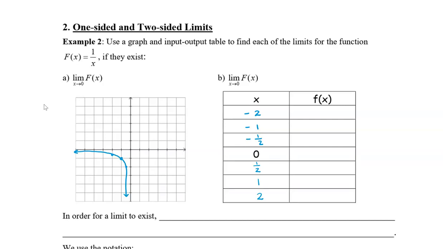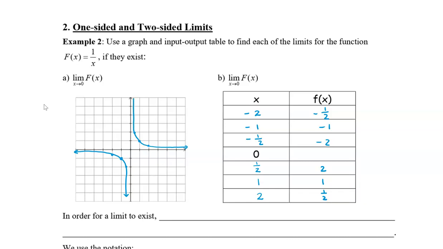All right, so let me fill that in. Okay, now on the right side, when x is 2, we get a half. Oops, should be down here. When x is 1, I get 1. And then when x is a half, I get 2. So we get a graph that looks like this.